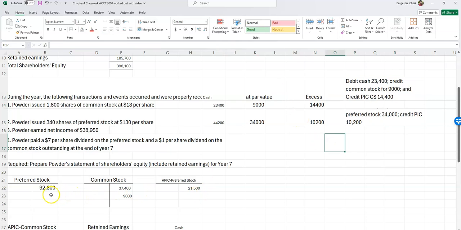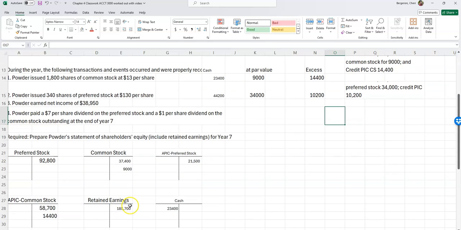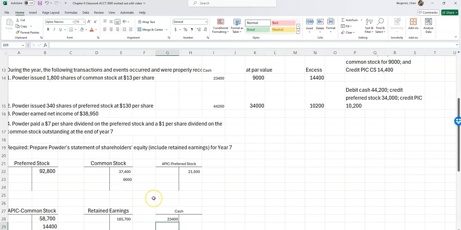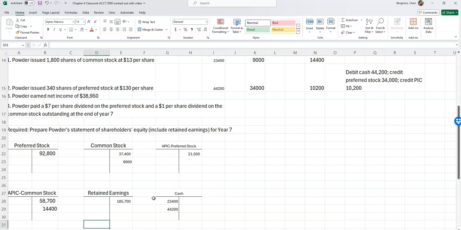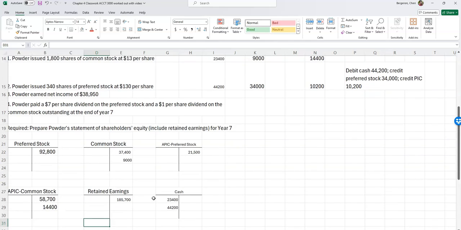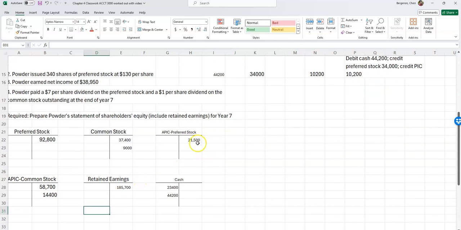All right. So cash went up by the whole amount that I got, which was 44,200. Preferred stock went up by 34,000.